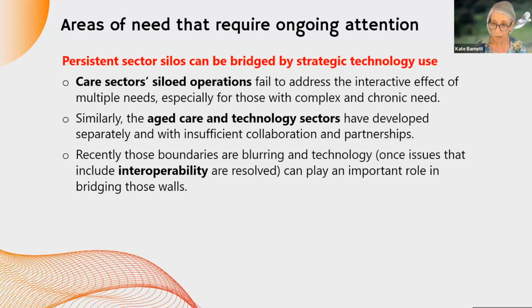However, that is improving, and I'm sure it is going to continue to improve because of external drivers for reform. Around the issue of interoperability, which still needs resolution, when you're sharing data and you move to open standards, you can see a blurring of those boundaries, and we expect that to continue as well.